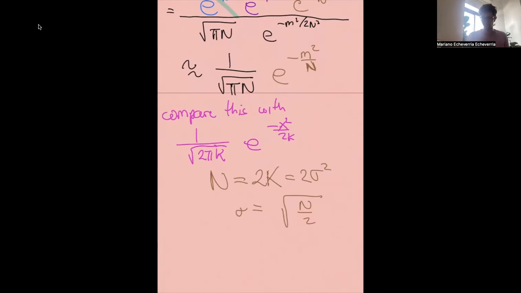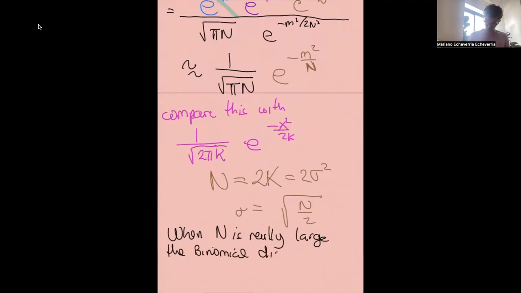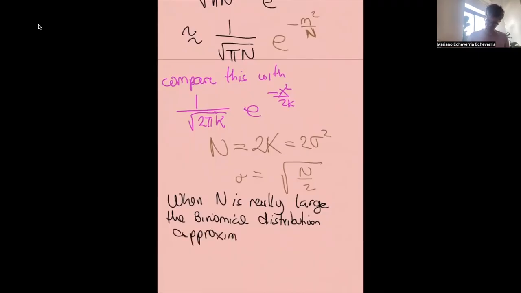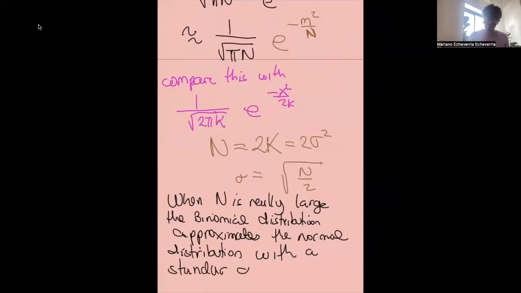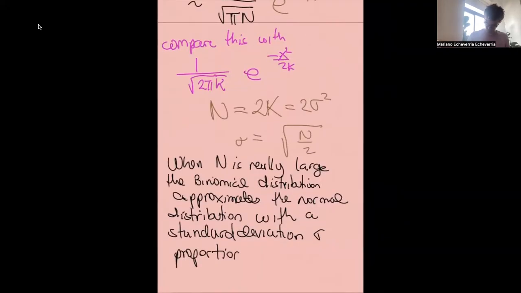When n is really large, the important thing about this result is that the standard deviation is proportional to the square root of the number of particles you started with. Okay.